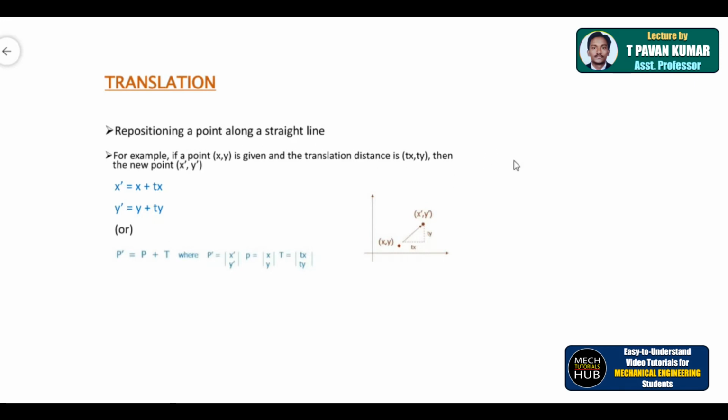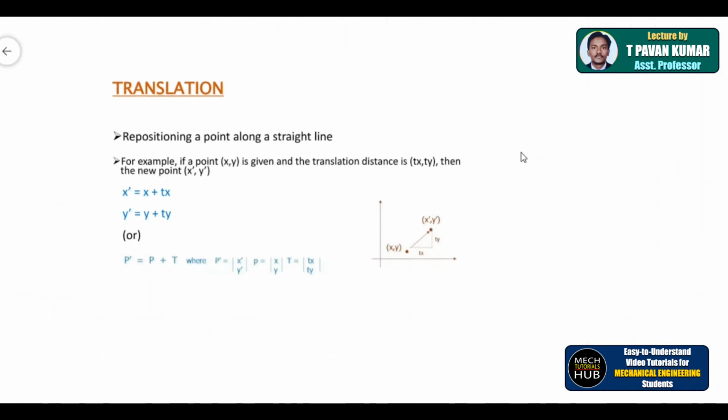Straight line in the sense that this particular point can be shifted from here to this point, or from here to the next point, from here to this point. So wherever you take it, it is going to be a straight line only. That is what I have mentioned here.